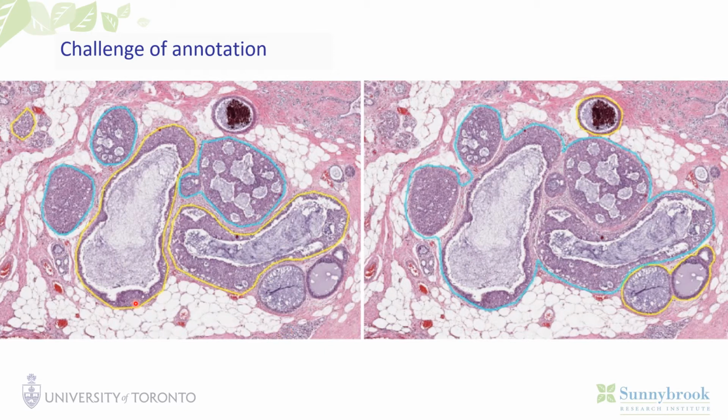You can see that one pathologist has labelled these ducts in blue as definitely DCIS, and these ducts in yellow as probably DCIS, whereas this pathologist thinks that these are all definitely DCIS and these may also be DCIS. You can also see there's a difference in level of detail. This pathologist has gone at fairly low resolution and has gone around the outside of the ducts, whereas this pathologist has gone all the way around the inside. So this is the kind of inter-observer variability that we have to wrestle with.